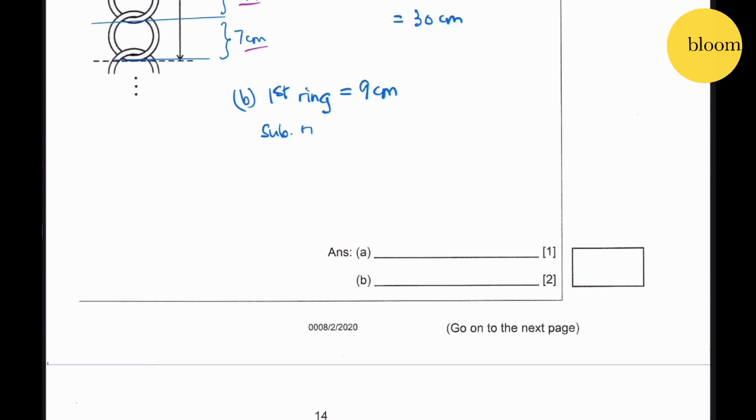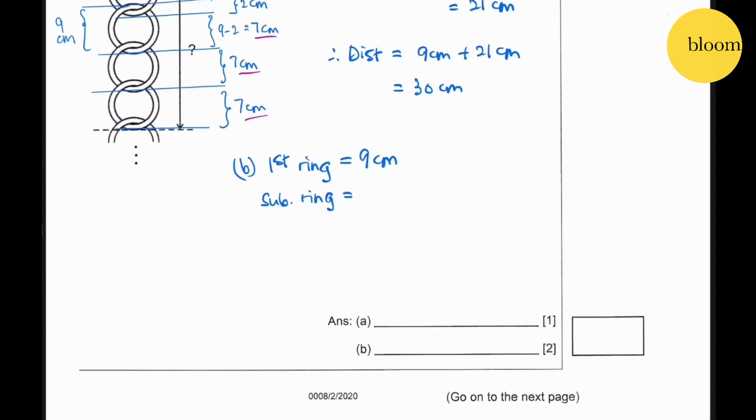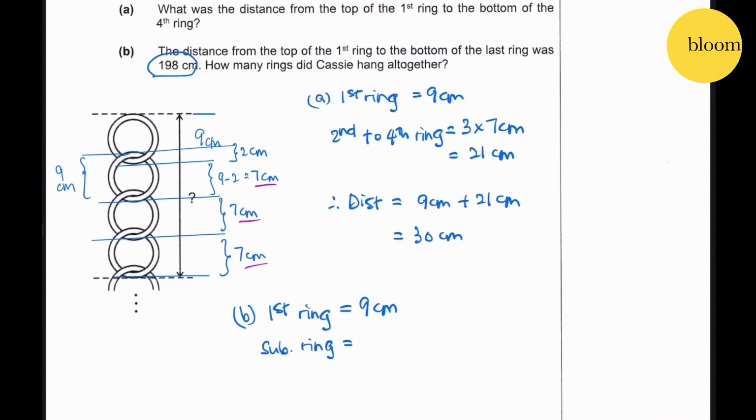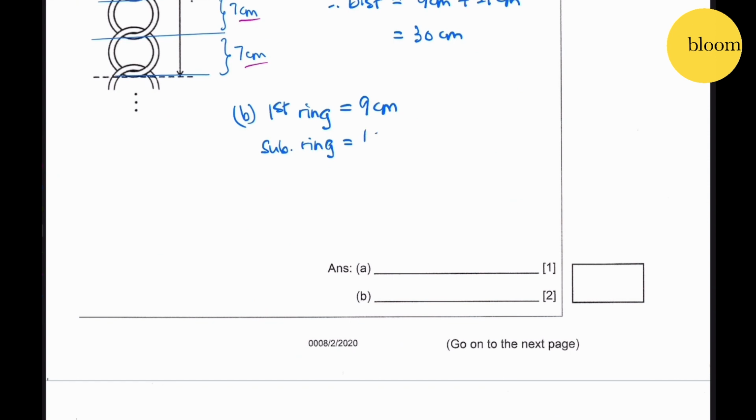Subsequent ring equals 198 minus 9 cm equals 189 cm.